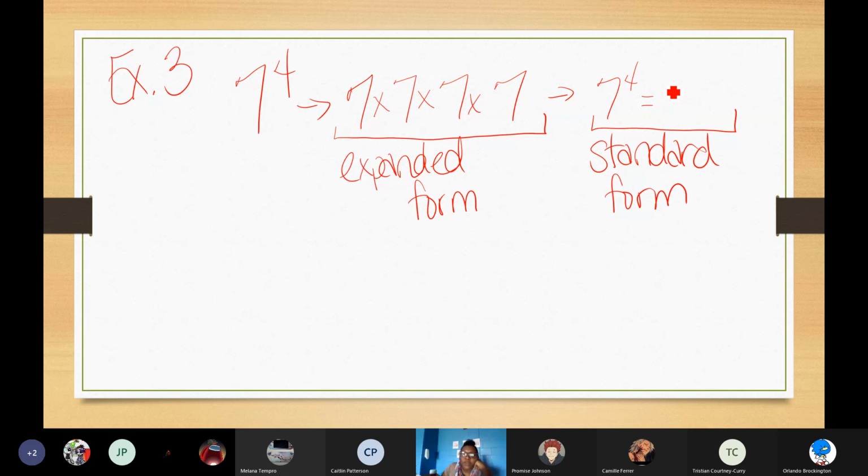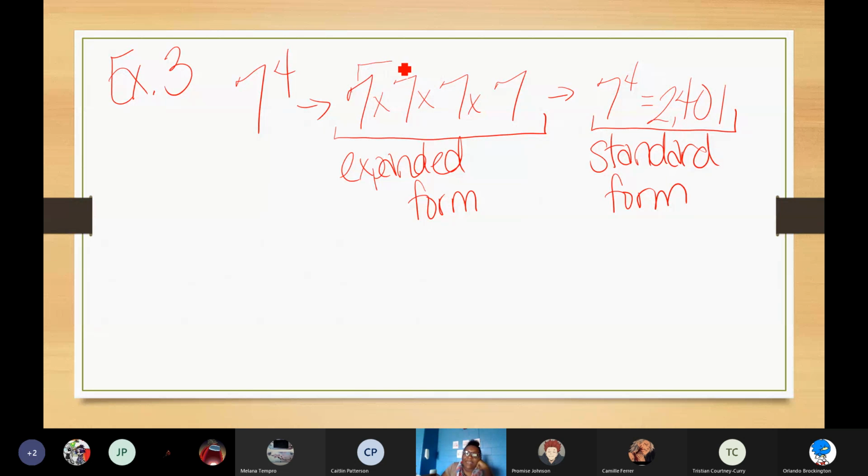Could someone please turn on their mic and help Isaiah out? 28. It is not 28. We're not multiplying 7 times 4. We're multiplying 7 times 7 times 7. The answer is 2,401.